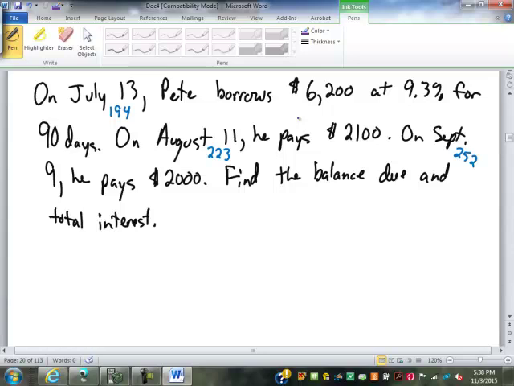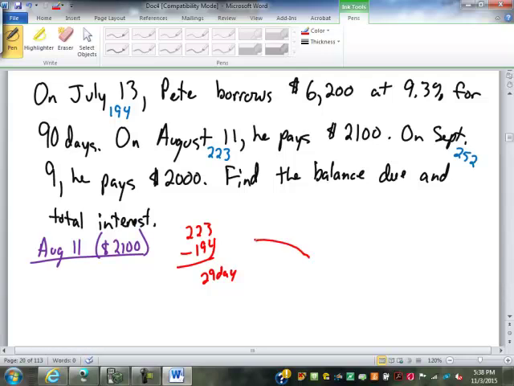So then our first action is on August 11th when Pete makes the $2,100 payment. So we need to figure out what day that is. August 11th is 223 minus July 13th, 194. That subtracts to give us 29 days.